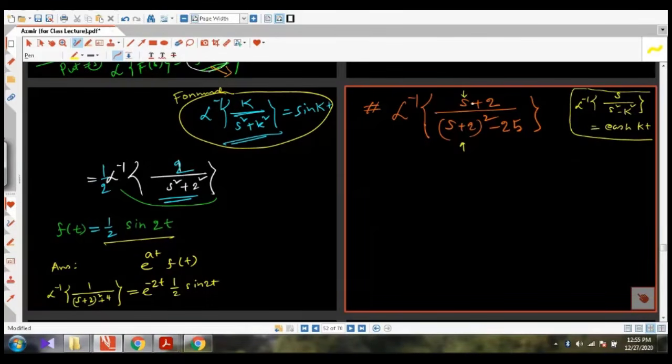But what is the difference here? If we compare this problem with the formula, then we can easily understand that here we have s plus 2, but in the main formula we have s. So that is the difference. But we don't need to have any tension because we have the shifting property. Shifting property says that we can shift s plus 2 to s. So step 1.